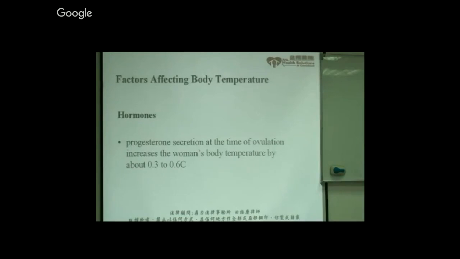That is the time the follicle ruptures and you release the egg. So that is the time your body temperature is high. It increases the woman's body temperature by as much as 0.3 to 0.6 degrees Celsius.